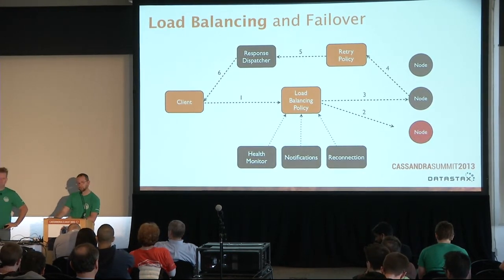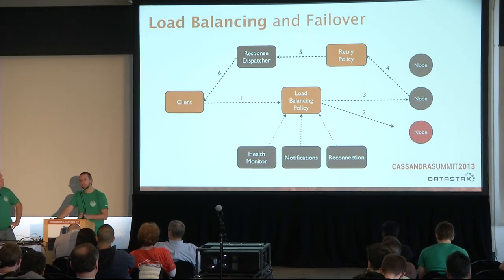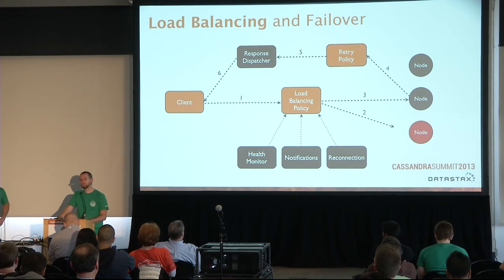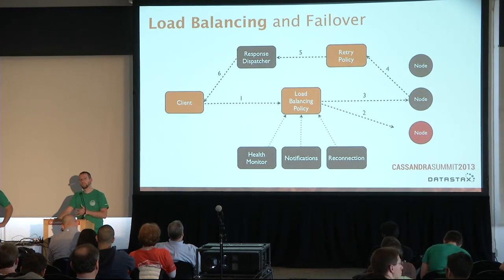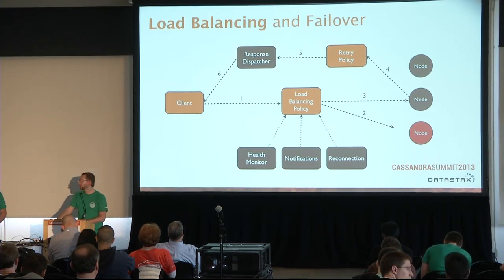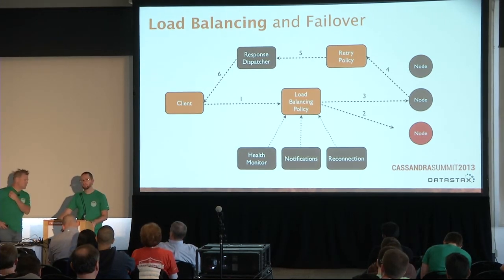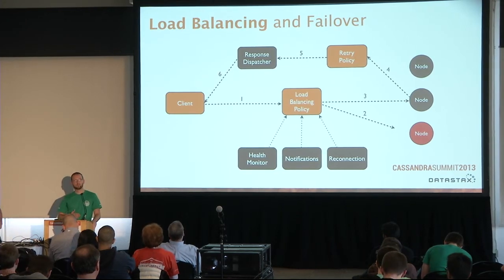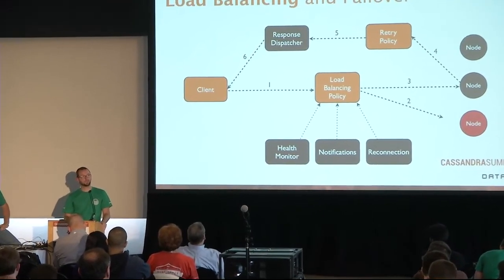This response will go through the retry policy, which will figure out whether it needs to give it another try if the response we received was a failure. And then it goes through a dispatcher that will simply figure out which client thread should receive the response.